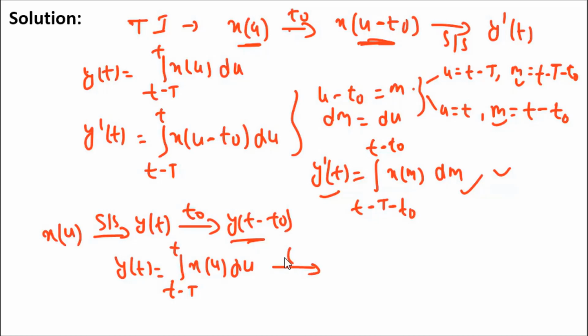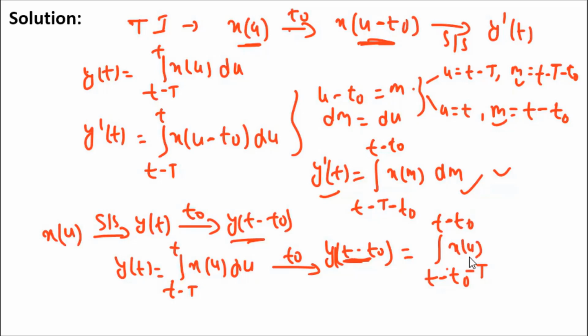Now you delay this by t naught, so it becomes y of t minus t naught, and wherever the component t appears in the limits, it gets replaced by t minus t naught. So the limits become t minus t naught minus capital T and t minus t naught, but this u is not dependent on t, it is another variable, so it will not change. So this becomes only x of u times d of u.